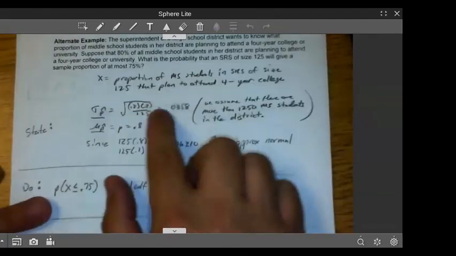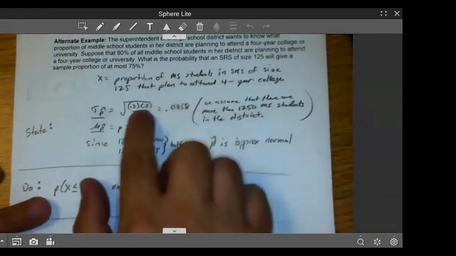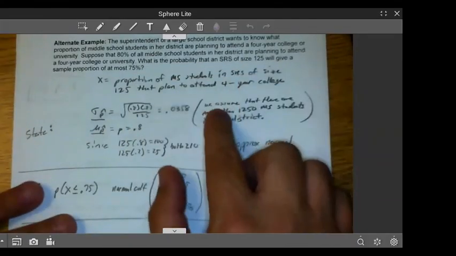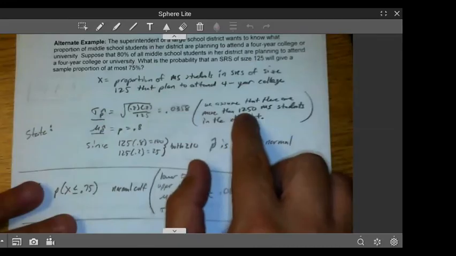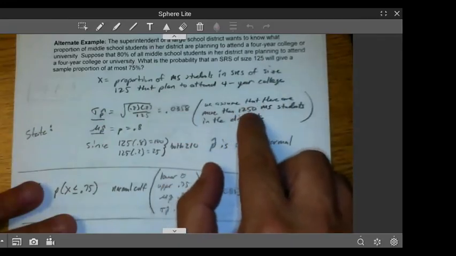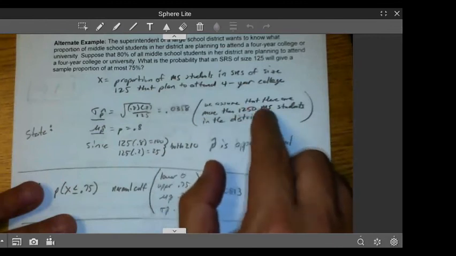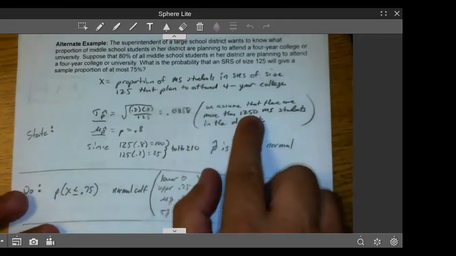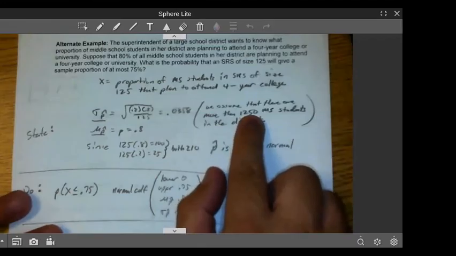And then right here, again, we assume, since this is a trick that we use, they tell us what the sample size is, so when we say we assume that the population is bigger than, you just stick a 0 at the back end of that one. 1,250 instead of 125. So then that means that this is less than 10% of the population, as long as it's more than that number right there.